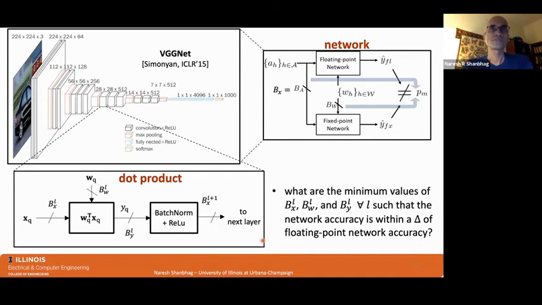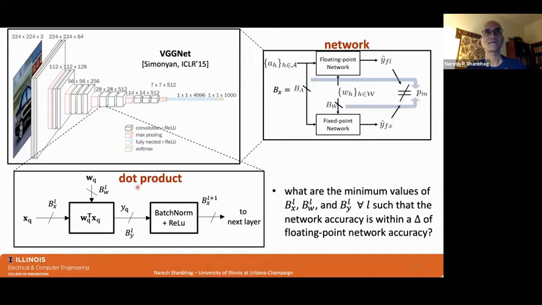So I thought for this particular talk, this is a sort of a big picture outline of what I'll be discussing. So I'm just taking one example network, VGGNet. And if we go inside the network, we all know, this is all well known, that the heart of the computational kernel is a dot product.